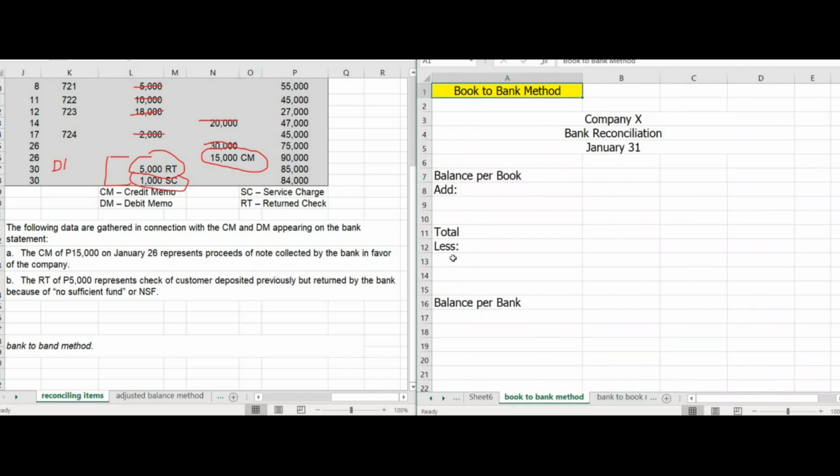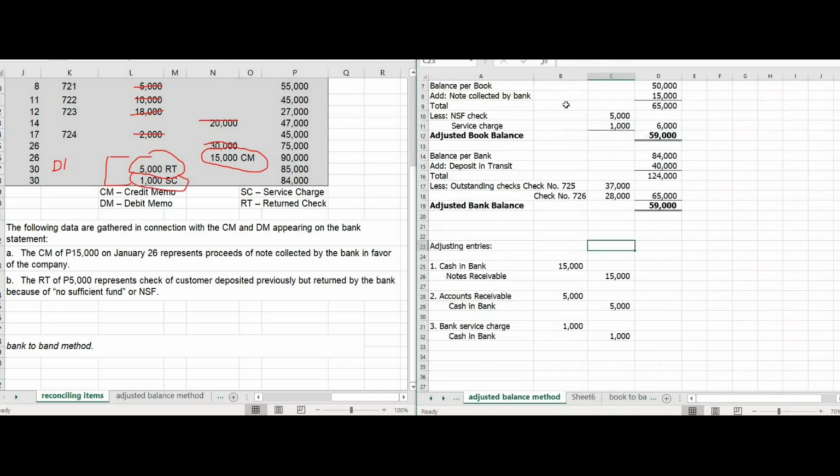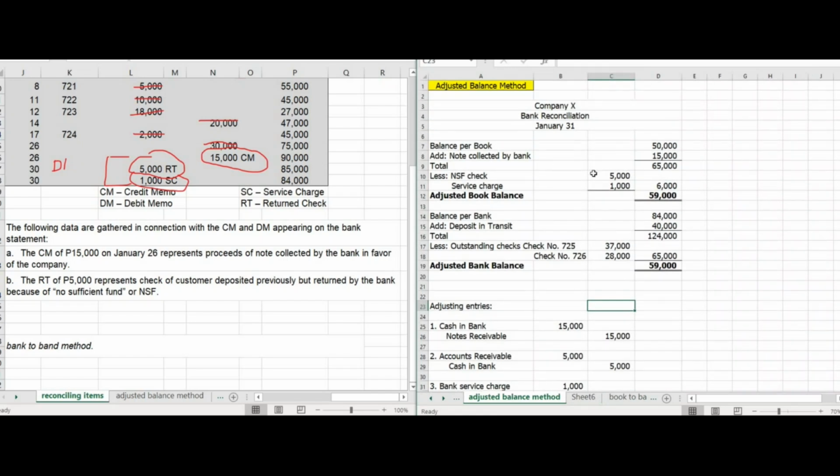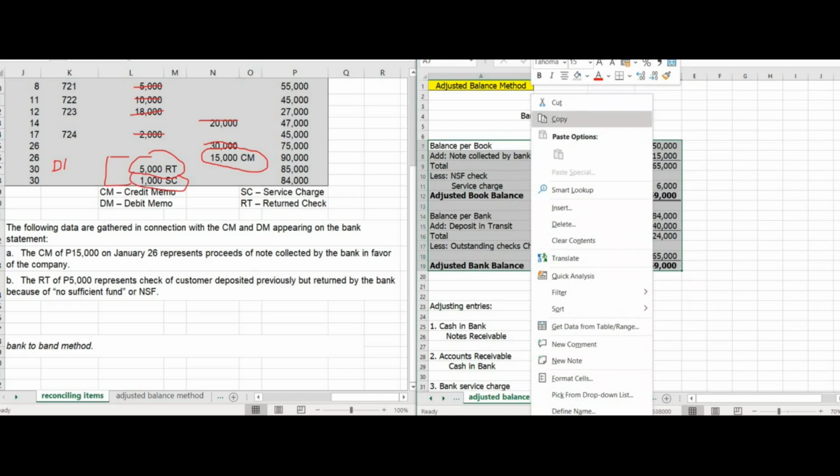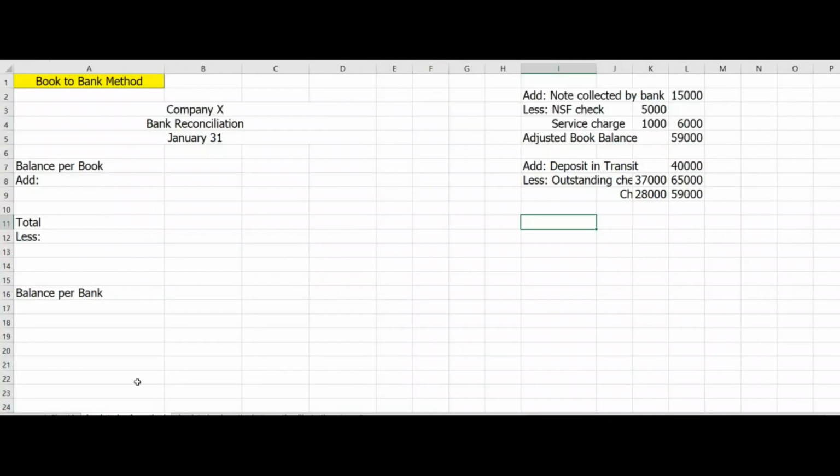Okay, so let us now proceed to the book-to-bank method. Maybe we can just copy the reconciling items here first to make it easier. Copy this. Okay, going back, so now let's have the book-to-bank method.